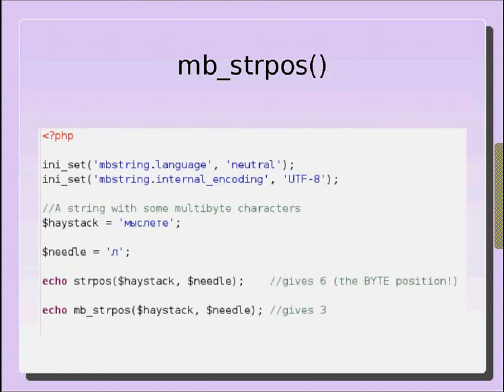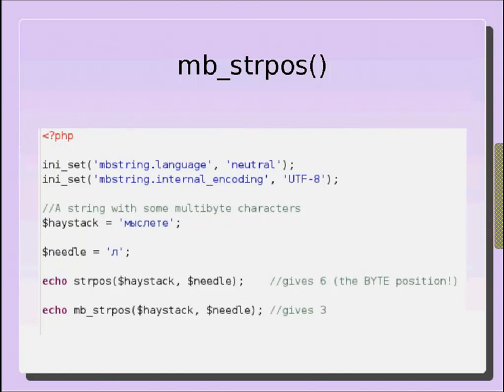If we do just the regular string position, it's telling us that that needle is 6 characters in the string, which is incorrect. Again, it's working on bytes. 1 byte, 1 character, 1 character, 1 byte. We can just look at that and see that that's not correct. MB string position gives 3, which is correct.